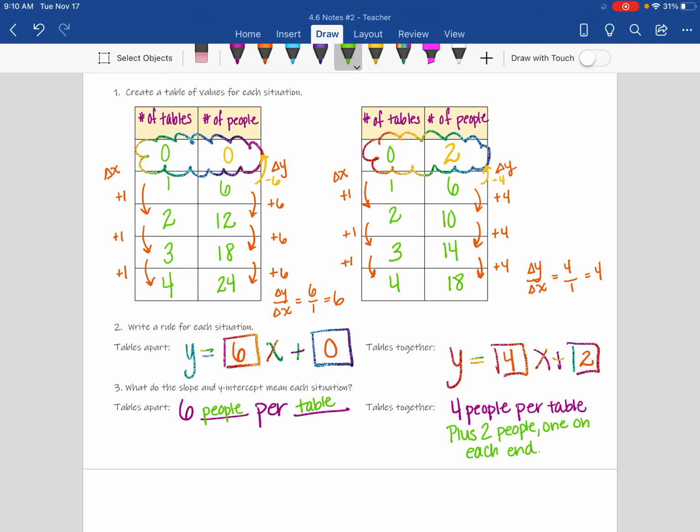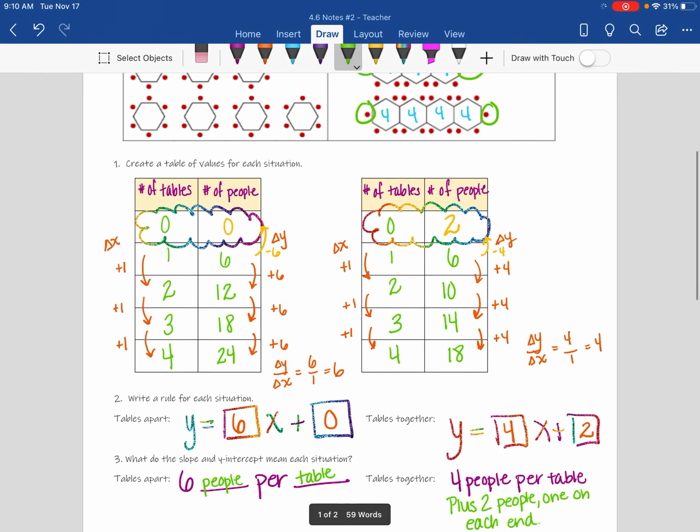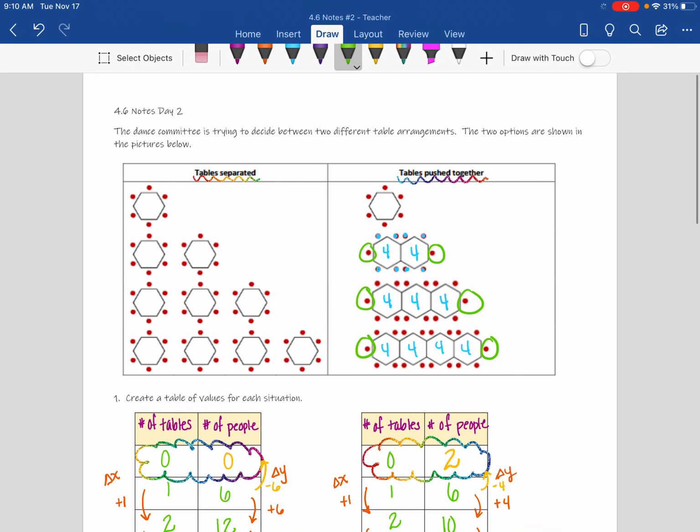Okay. All right. The only other thing I want to talk about is just some slope words and some y-intercept words. So I'm going to move back up to the top of this document, and we're going to talk about some slope words. These are words that if you see them in a word problem, you should automatically think, this means this number is the slope.